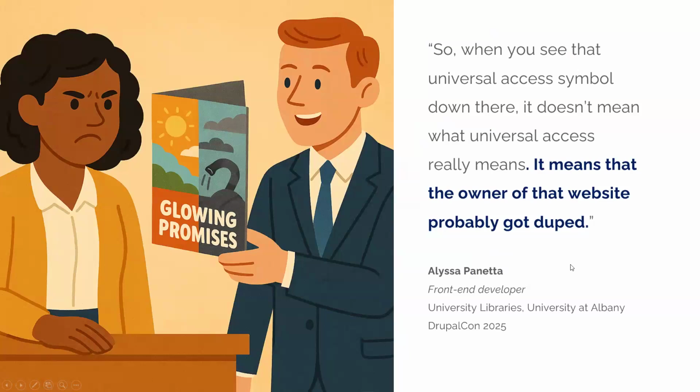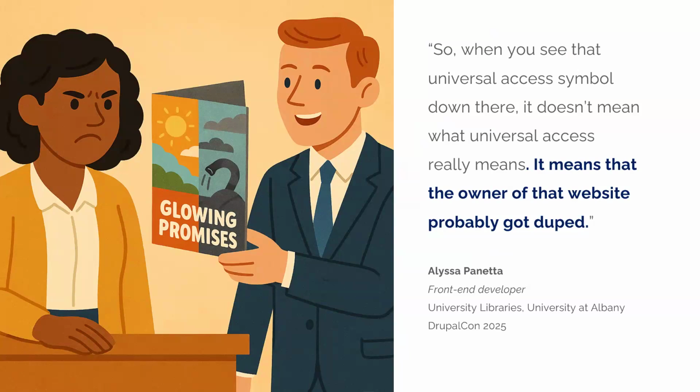I had the privilege of attending DrupalCon in Atlanta this spring, and there was actually a librarian there who was also a front end developer, much like myself, but she worked for the university libraries at the University of Albany. That was very interesting to me because the fact there was a librarian speaking at DrupalCon, a hardcore tech conference, was really great. What made it particularly interesting is that she herself has disabilities that affect how she uses online resources.